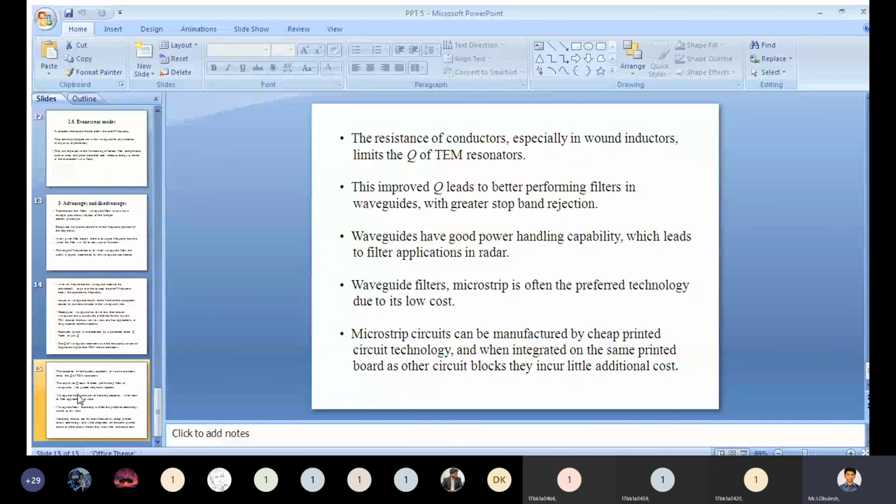Next, the last point: microstrip circuits can be manufactured by cheap printed circuit technology, and when integrated on the same printed board as other circuit blocks, they incur no additional cost. So these are the advantages and disadvantages of today's topic.